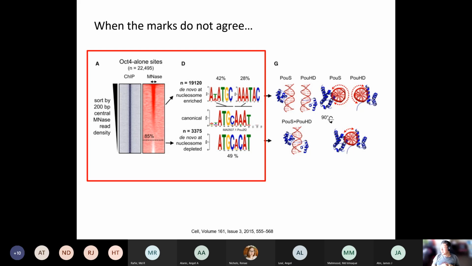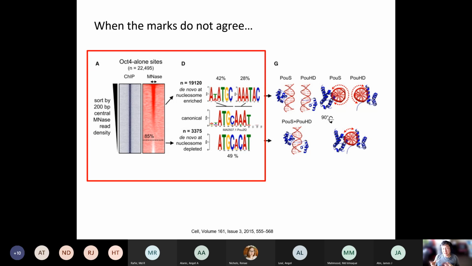In the first example, first of all, let me explain what happens with the first two columns here. First is a ChIP, an OCT4 ChIP. That means they tell you where OCT4 as a transcription factor binds throughout the genome. OCT4 is a pluripotent stem cell gene.